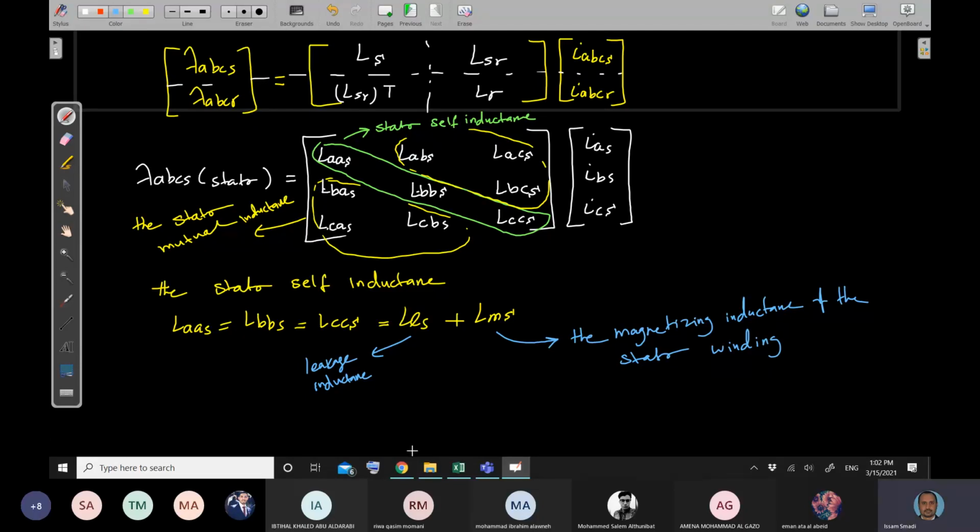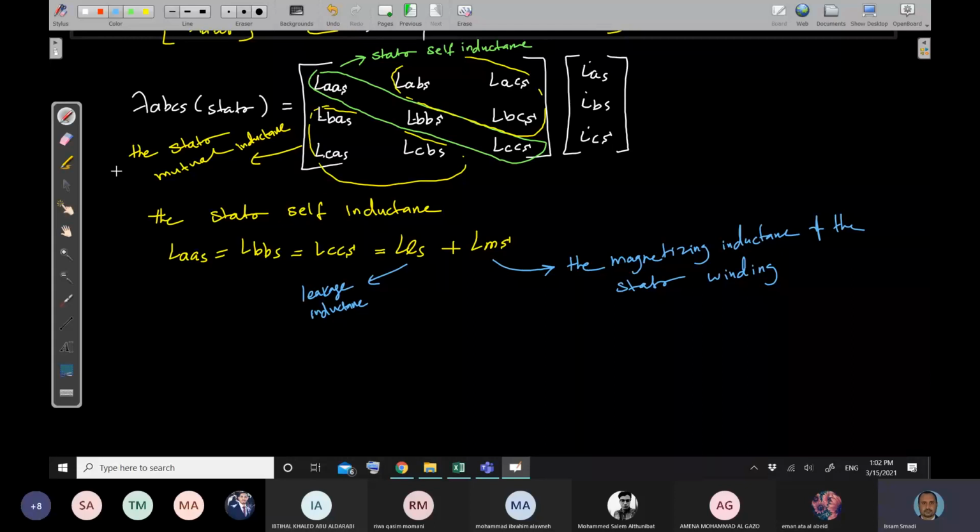Now, if I need to calculate the mutual inductance between the stator windings, so the stator mutual inductance, which is the LABS, LACS, LBCS, and so on, the off-diagonal elements.